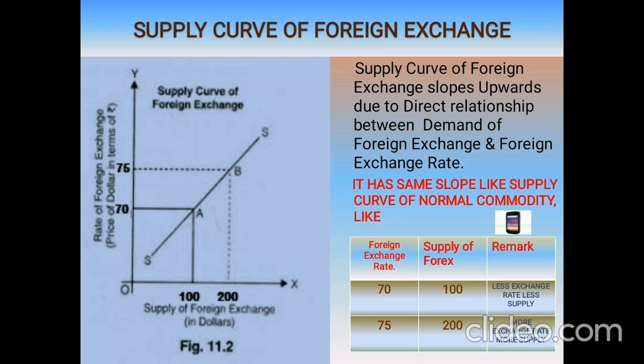Both are working like the demand and supply of a normal or general commodity. The demand and supply of foreign exchange will determine the rate of exchange, as we can see in the given picture, where demand and supply are known as market forces.